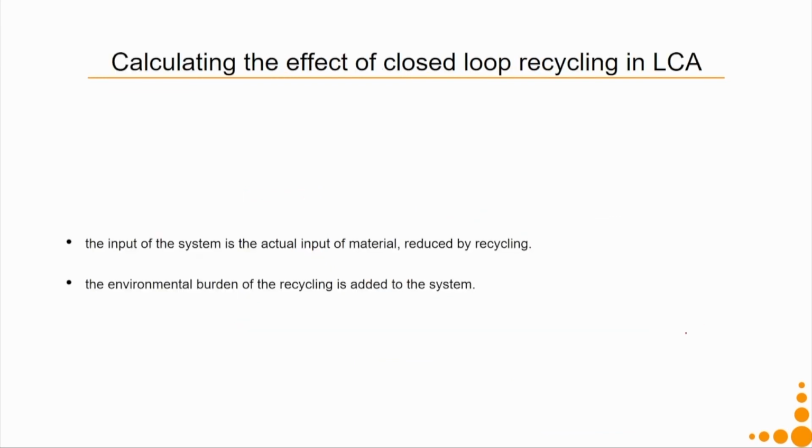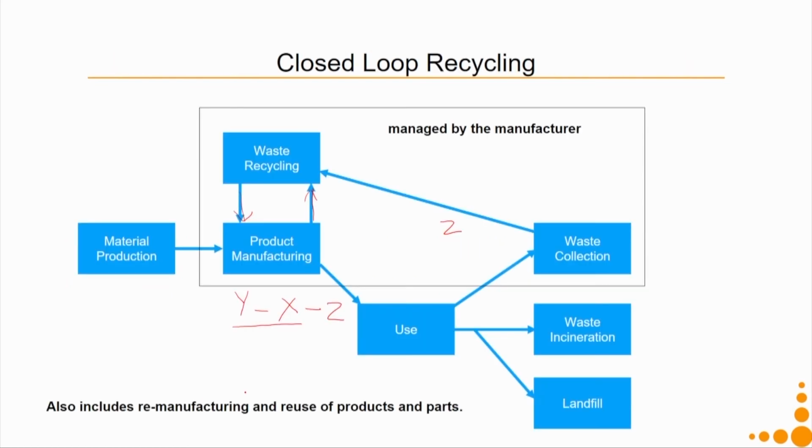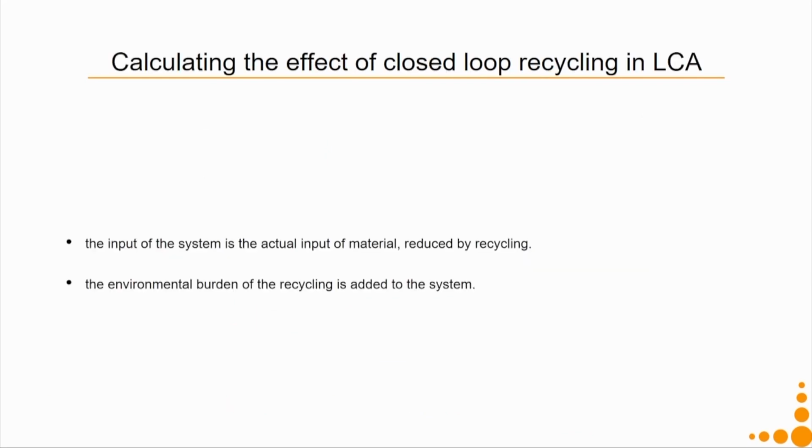So, the input of this system is the actual input of material reduced by recycling. The environmental burden of recycling is added to the system itself. So, the manufacturer takes responsibility of the recycling. The environmental burden of recycling is taken care of by the manufacturer, so it is added to the system itself.